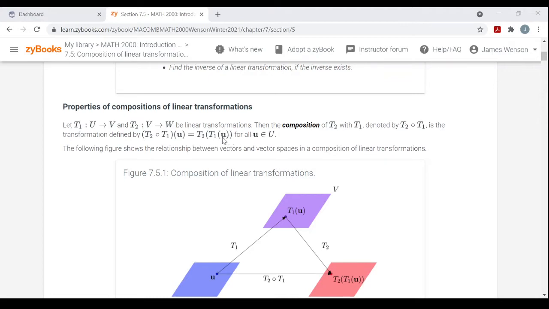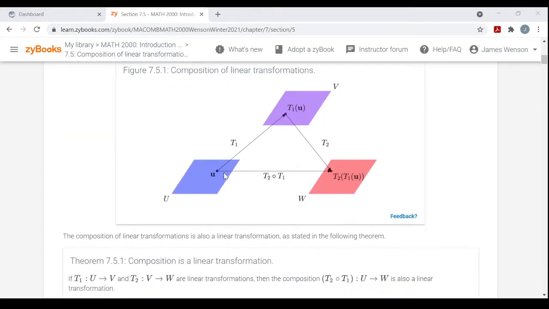I take my vector U, I apply transformation T1 to that, and then I take this vector, whatever T1 of U is, and then apply transformation T2 to that. And so basically it's just a series of consecutive substitutions.